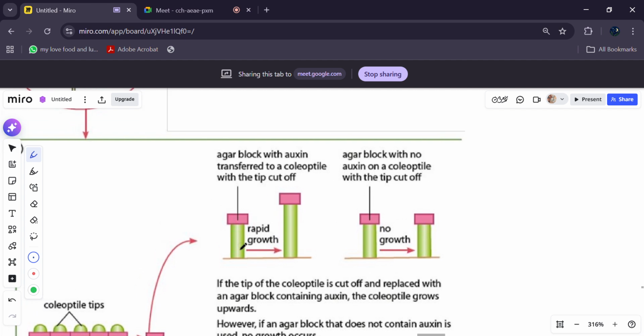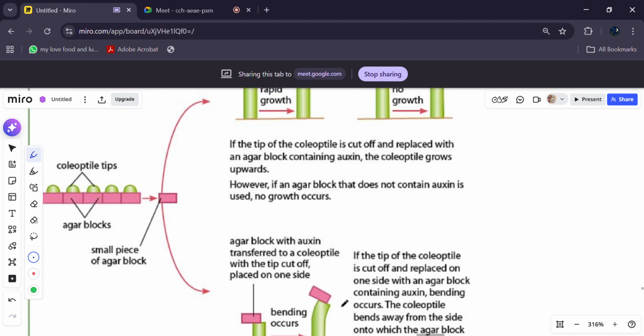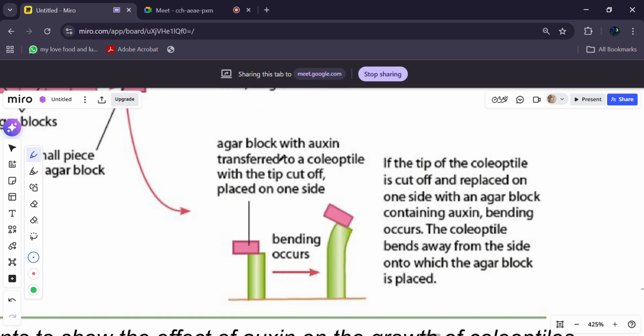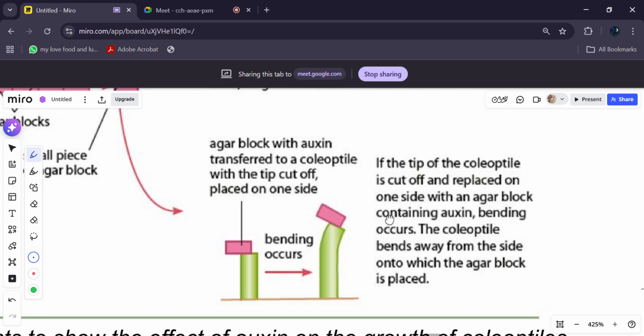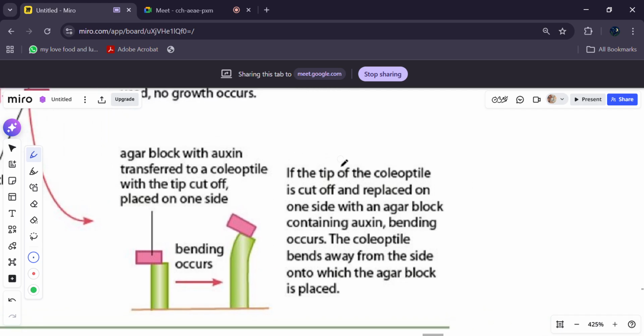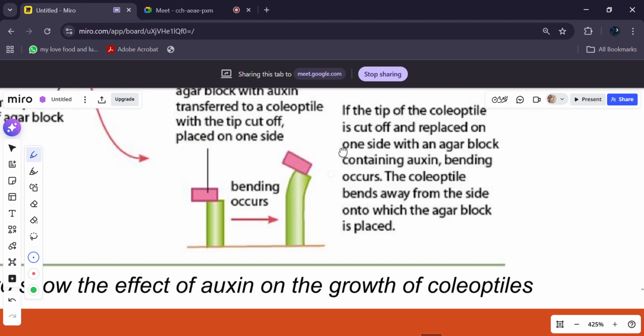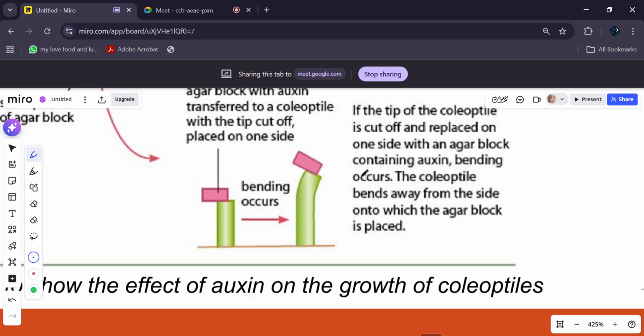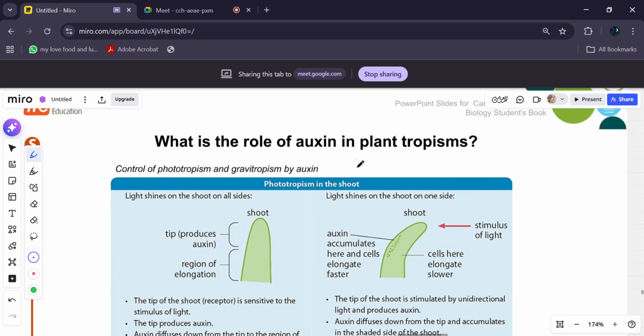So you can see with auxin, the coleoptile has the ability to rapidly grow, but with no auxin, the coleoptile stays constant as it is. And when the block of auxin is placed on one side of a coleoptile with the tip cut off, bending occurs. The coleoptile bends away from the side until the agar block is placed.